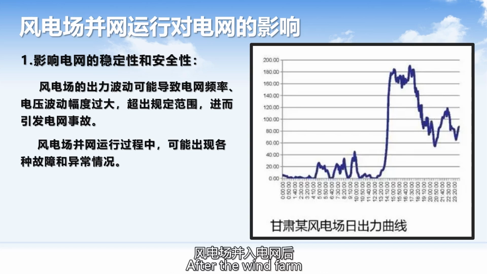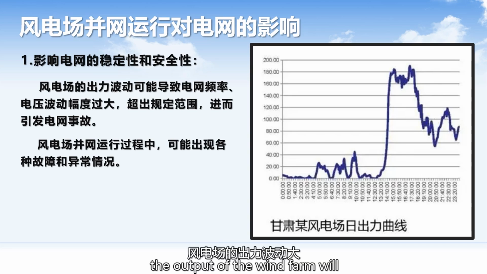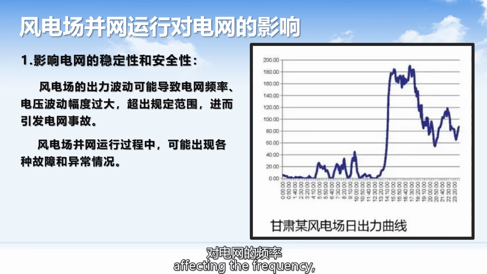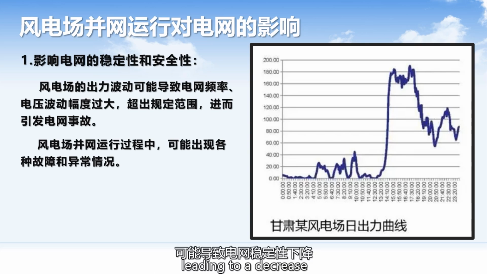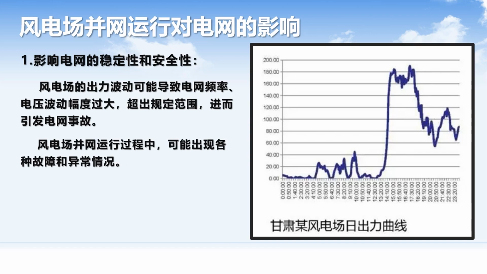After the wind farm is connected to the power grid, the output of the wind farm will fluctuate greatly, affecting the frequency, voltage, and power angle of the power grid, leading to a decrease in the stability of the power grid, and may even cause oscillations in the power grid and power grid faults.